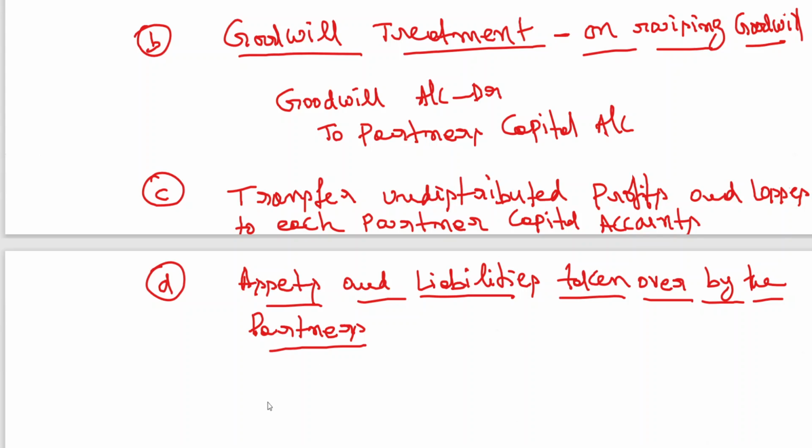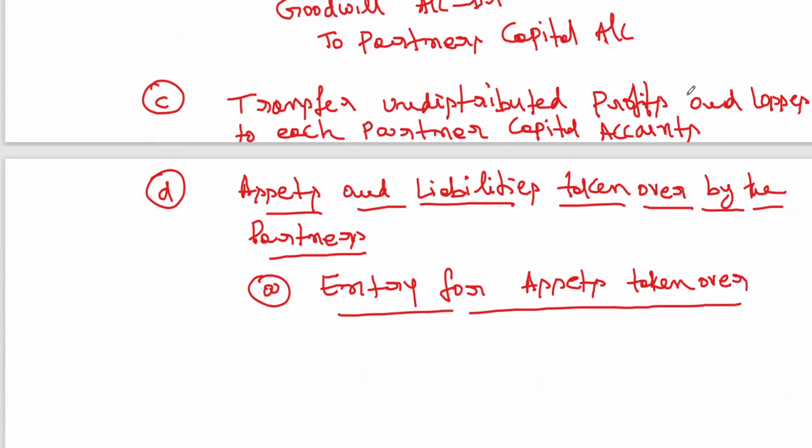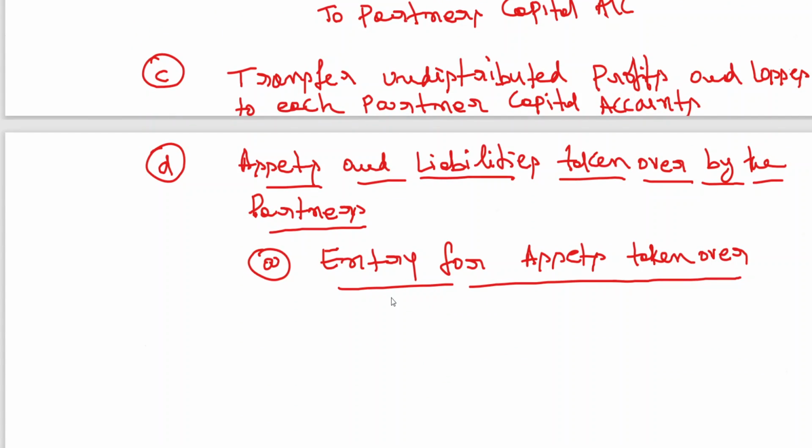Okay, here, entry for assets taken over. Normally in dissolution of partnership, we have written the entry like partners' capital to realization, because all assets were transferred to realization. Here we are not opening a realization account.